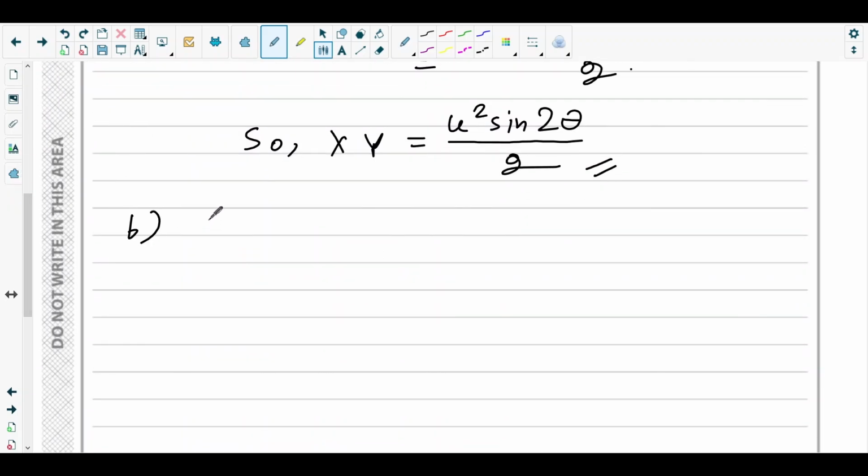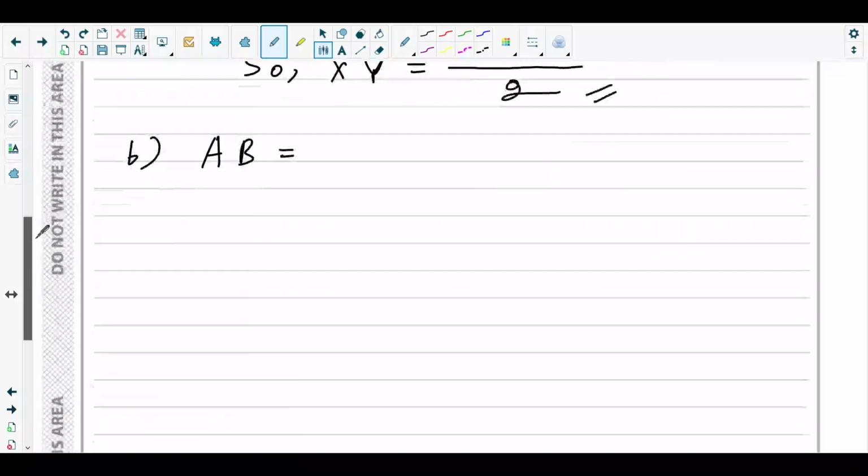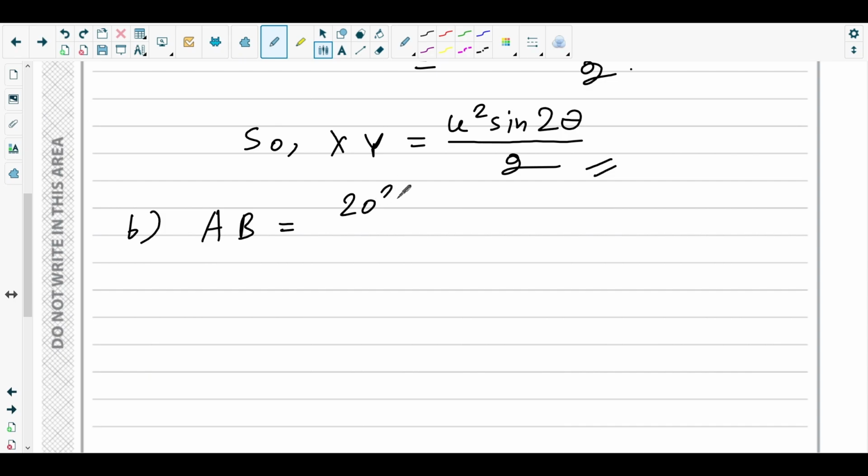For part B, distance AB equals u squared, the initial speed 20 meter per second, so 20 squared times sine 2 theta, where theta is 60 degree, so sine 120 degree, over g.